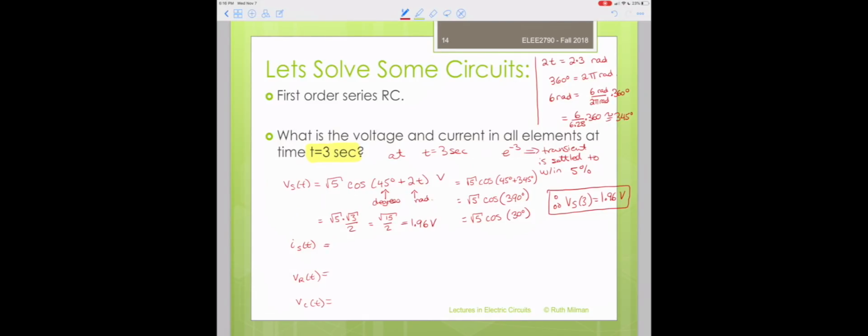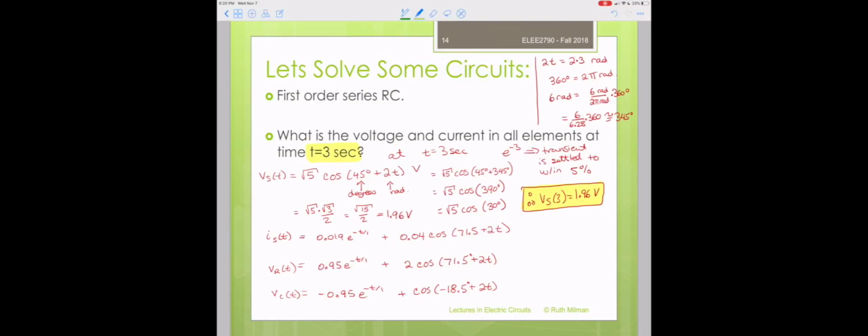We are going to go back. So we've grabbed each of the equations for our current, our voltage across our resistor, and our voltage across our capacitor, and we're now ready to turn around and apply the information that we have. So again, we're going to need to figure out what each of the different values are, so let's plug in the pieces.